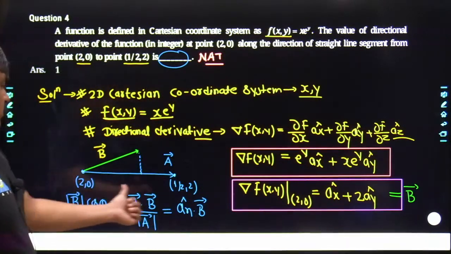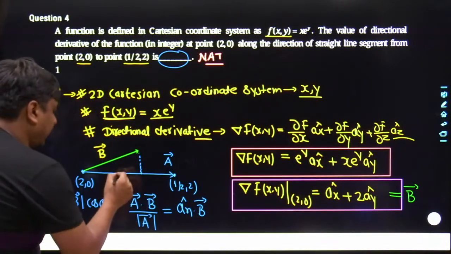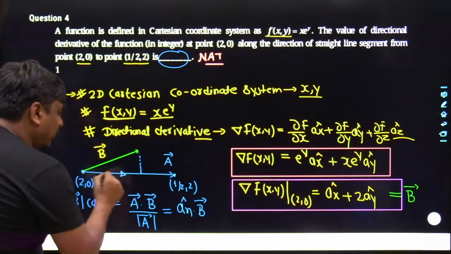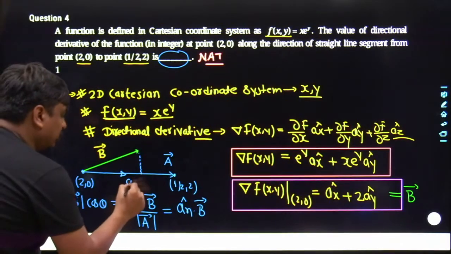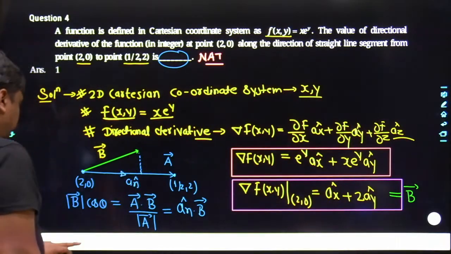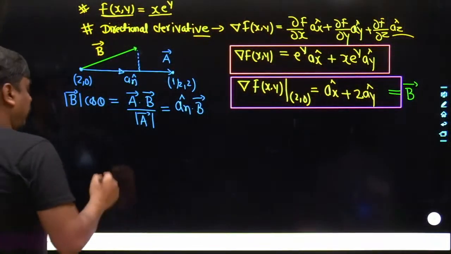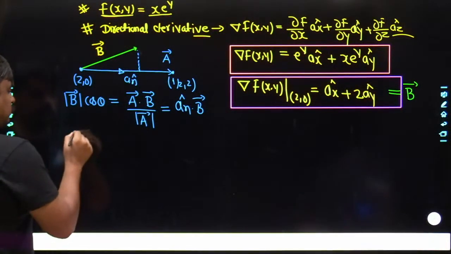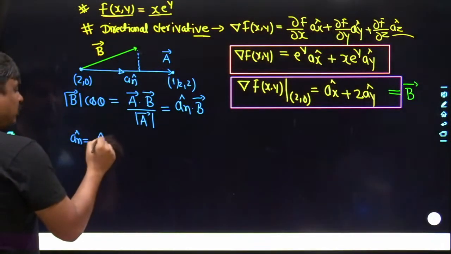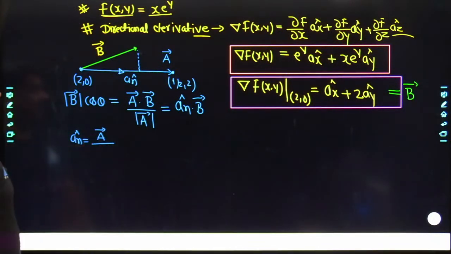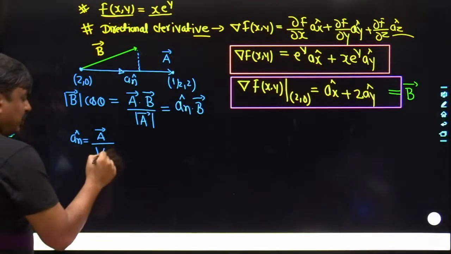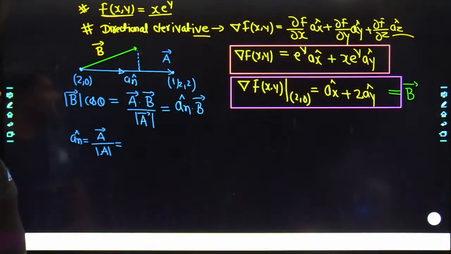So now you had to find the unit vector over the a vector. How will you get the unit vector? My dear friends, it is quite easy. The a n cap would be, at the numerator, the a vector itself, and at the denominator its magnitude. What would be the a vector?